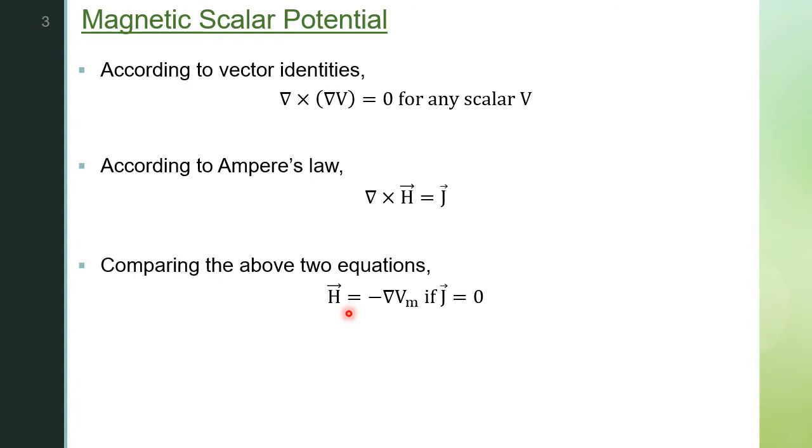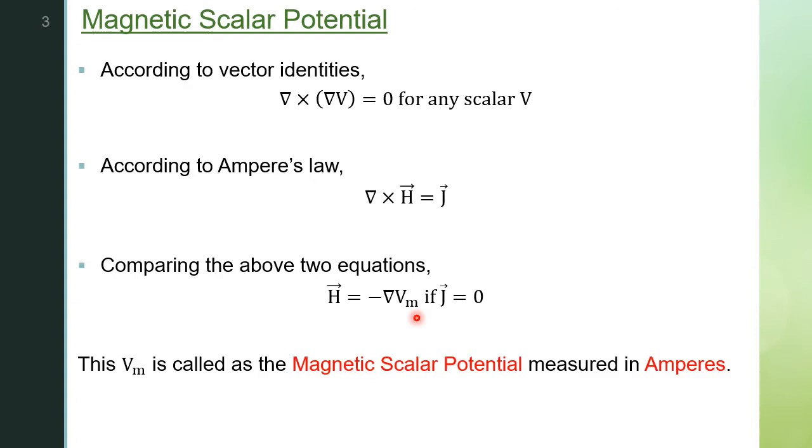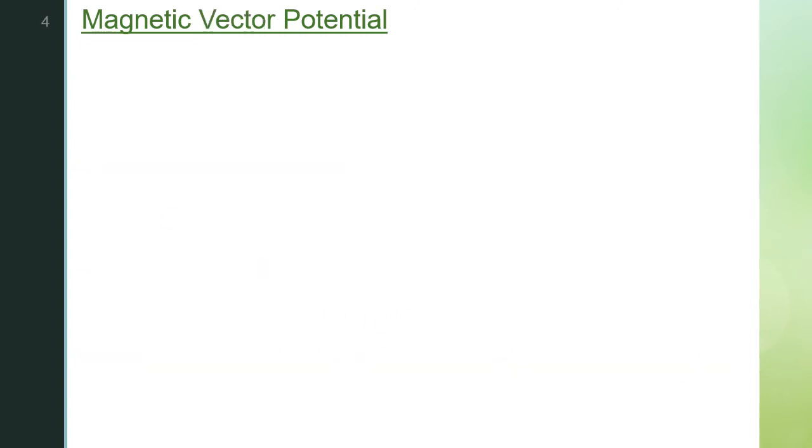Here m subscript denotes magnetostatics. This Vm is called the magnetic scalar potential and it is measured in amperes, because H is measured in ampere per meter, and when you take the derivative there will be a meter inverse, hence the magnetic scalar potential is measured in amperes.